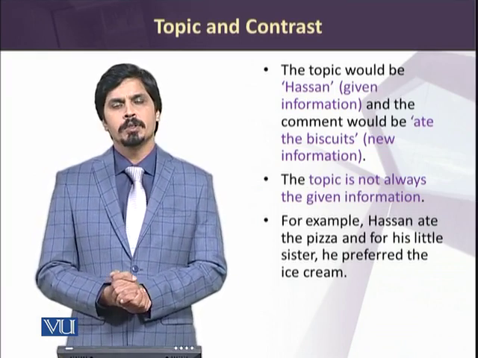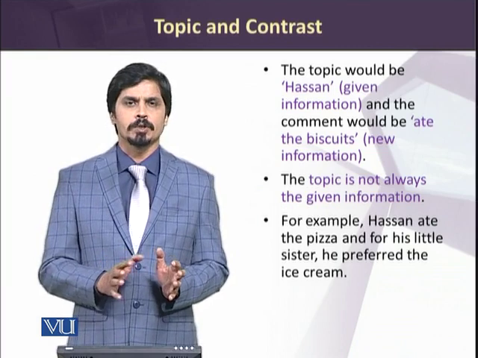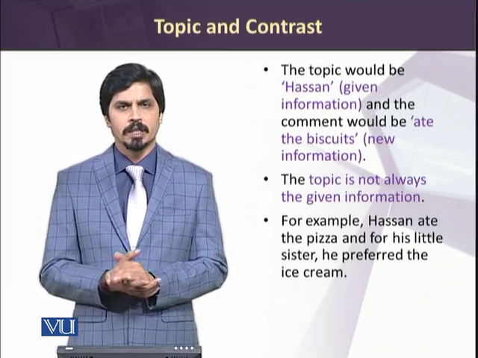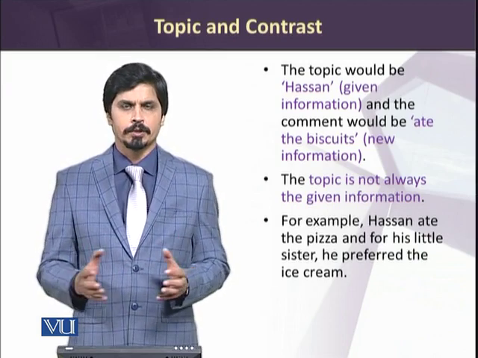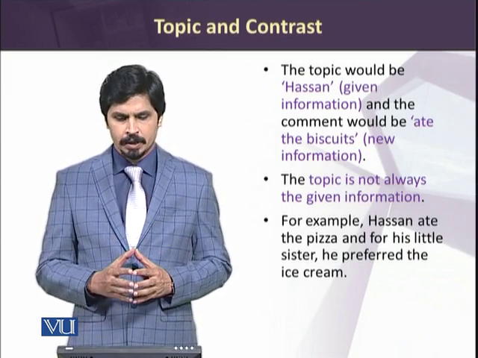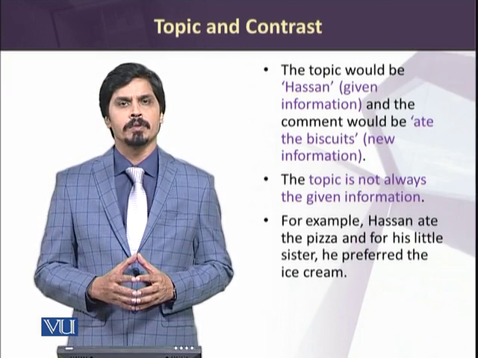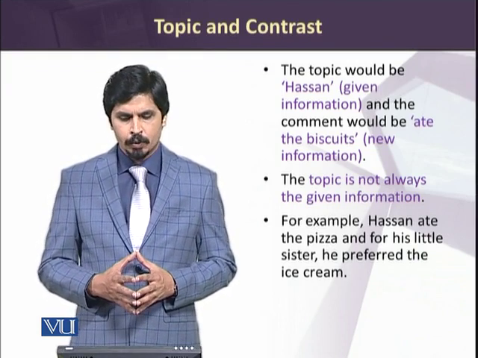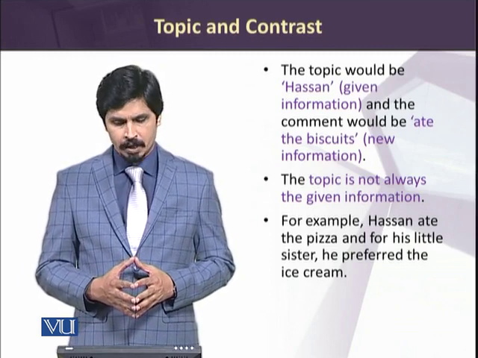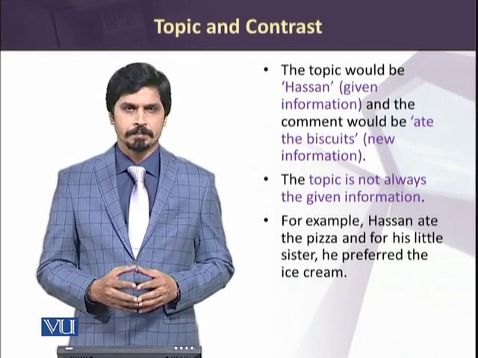However, we need to remember that the topic is not always embedded in the given information. Rather, it can be somewhere else also. For example, in the sentence in front of you, Hassan ate the pizza, and for his little sister, he preferred the ice cream.